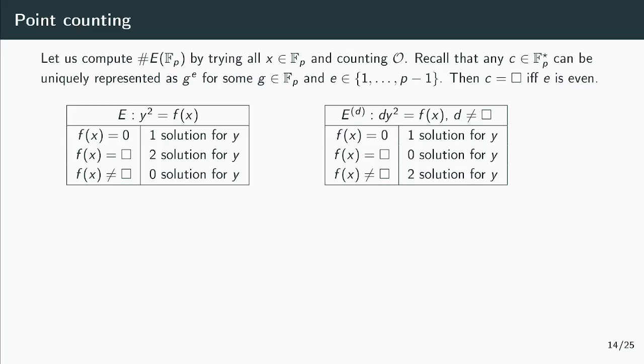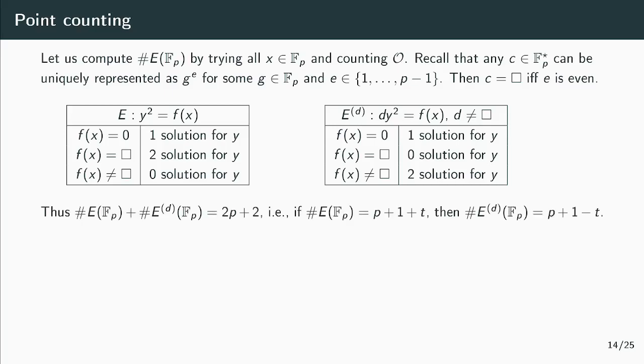In the first case, we get 1 plus 1, in the second 2 plus 0, and in the third 0 plus 2. So yes, that's correct. For any x we try, we get 2 solutions in total. Since there are p choices for x, that gives us 2p solutions in total. But remember, these are only the affine points. So for both of the curves, we must also count the point at infinity.